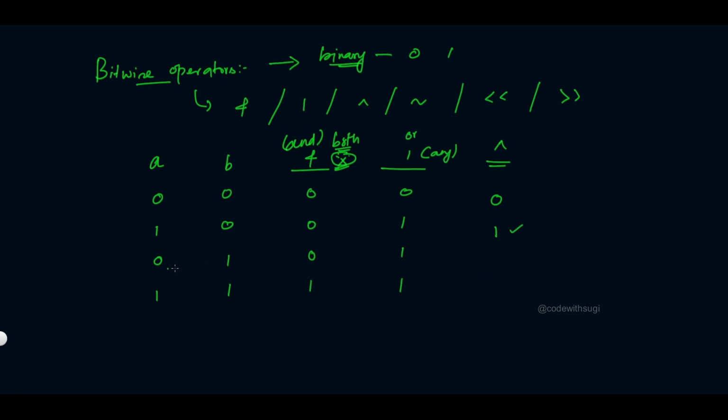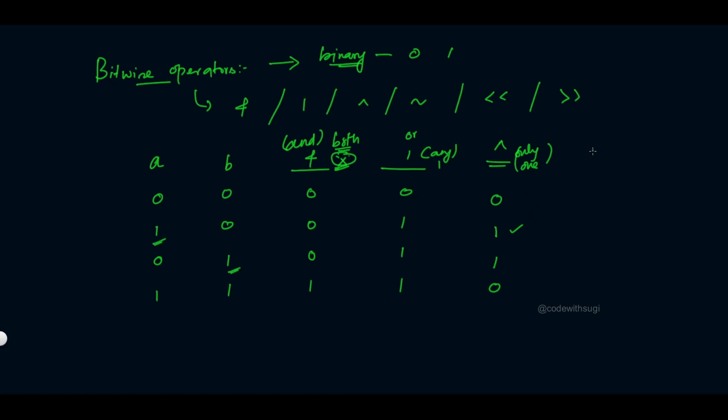Here a is 0, b is 1, here also only one is 1, so it returns 1. You should have only one 1, then only it will return 1. Else if you have 1 1, here you are not satisfying the only-one condition, because both are having 1, so at this point it will return 0 only. So this is the exclusive OR.